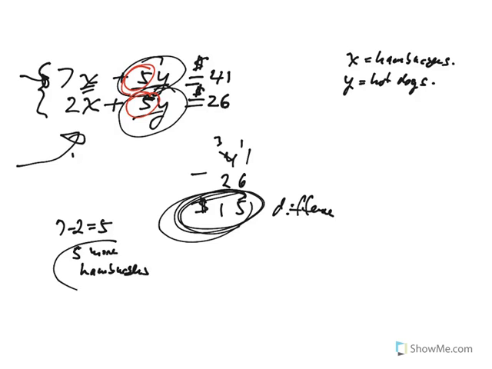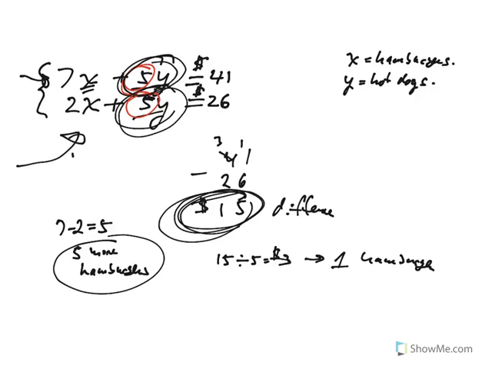So that $15 accounted for the 5 more hamburgers, and 15 divided by 5 is $3. That must be the price of one hamburger. That accounts for the fact that, with the hot dogs being exactly the same, the difference in price had to come from the 5 more hamburgers, and 5 times 3 is 15.